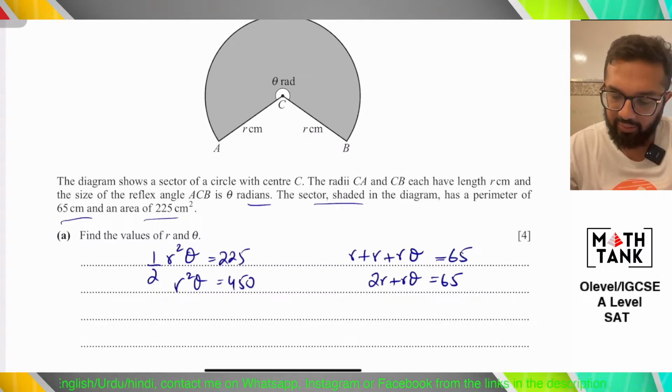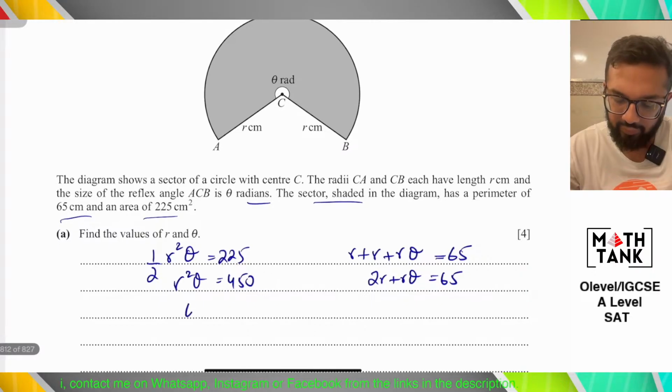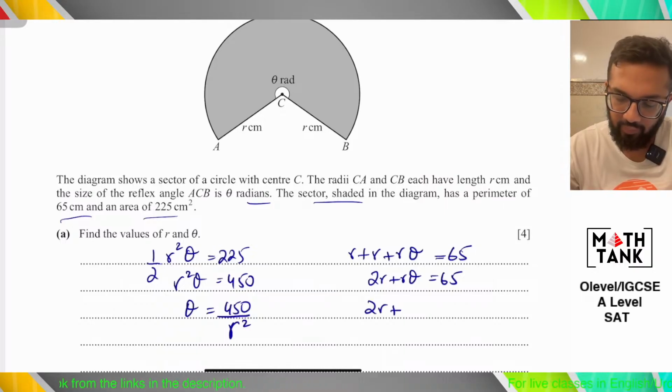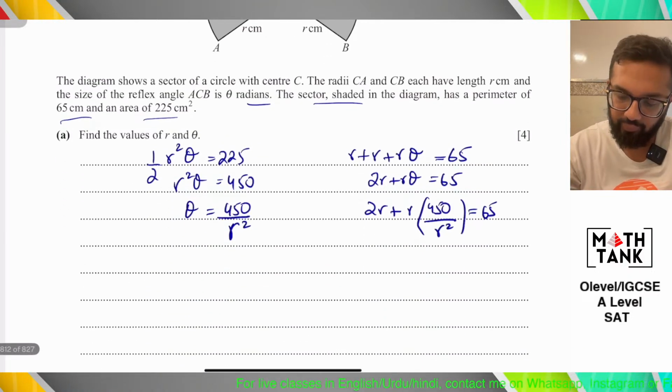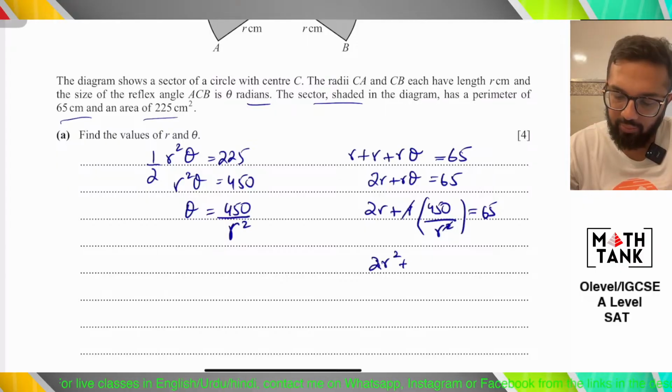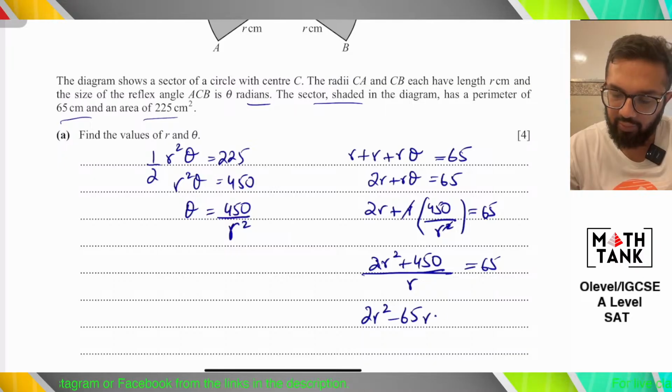Now I need to make a substitution in order to solve this further. Let's make this substitution. I think that's the easy substitution to make. So 2r square plus 450 over r, I've taken a common denominator. 2r square minus 65r plus 450 equals 0.